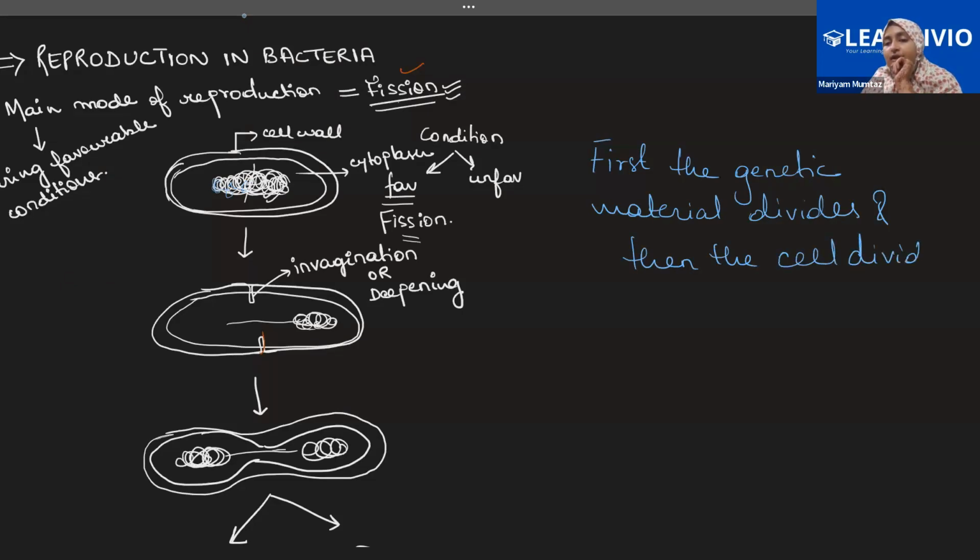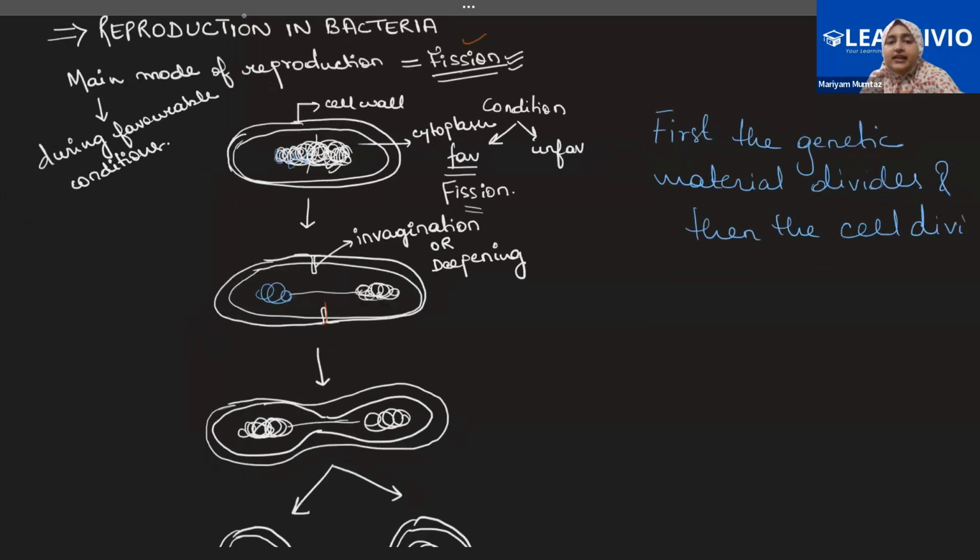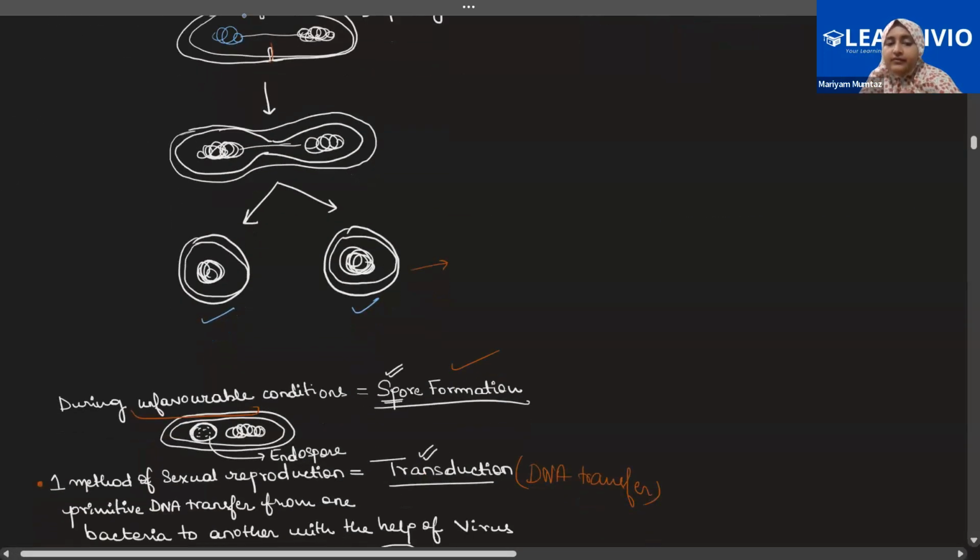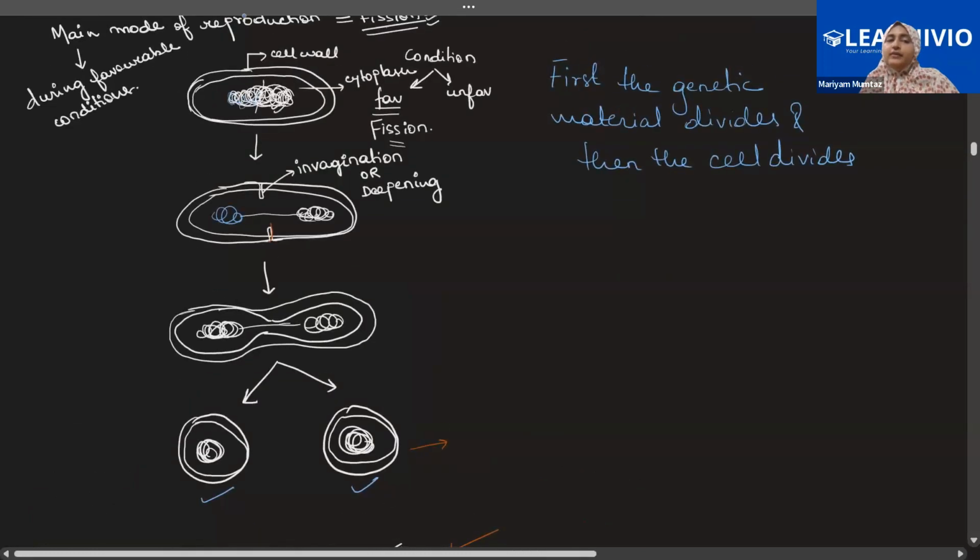Slowly, if this is a cell, the cell will start pinching like this towards the center, ultimately leading to the formation of two different cells. So this is what happens in the case of fission. Is it clear to everyone? Yes, ma'am.